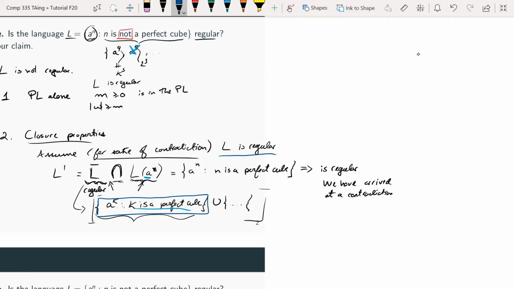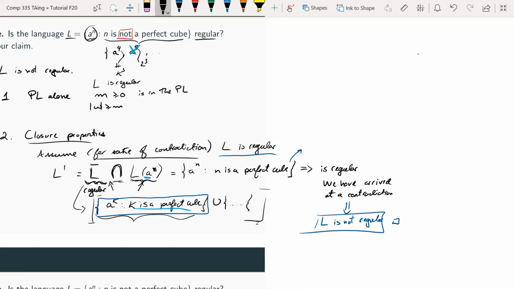So this implies that L is not regular. Okay, and this would be a complete proof. Of course, you would have to add in the details for the pumping lemma to show that L prime isn't regular, but I invite you to consult tutorial 5 for that. And so using this process, we've arrived at the conclusion that L is not regular.